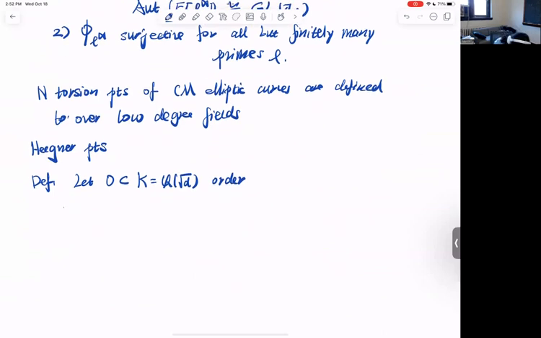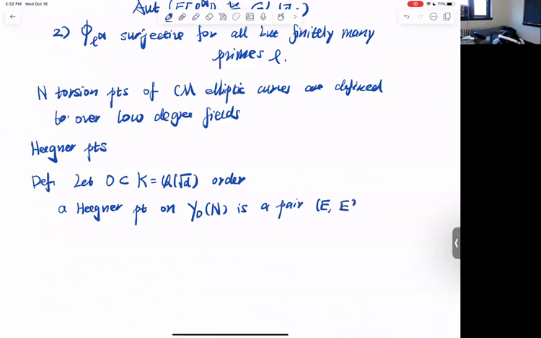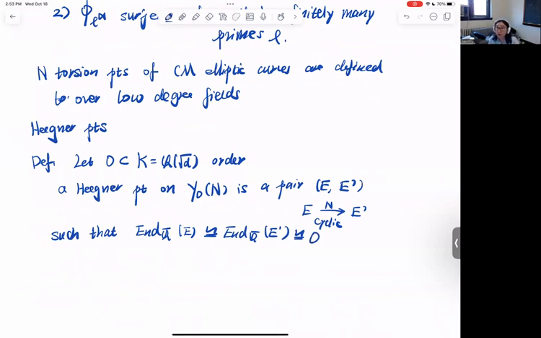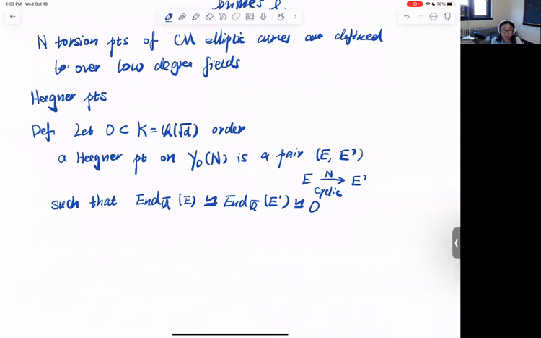And then a Heegner point on Y naught of N is a pair of elliptic curves E together with a degree N cyclic isogeny such that the endomorphism ring of E and the endomorphism ring of E prime are both O. So it's two CM elliptic curves, both CM by O, together with a cyclic degree N isogeny between them. Such a point is called a Heegner point on Y naught of N.